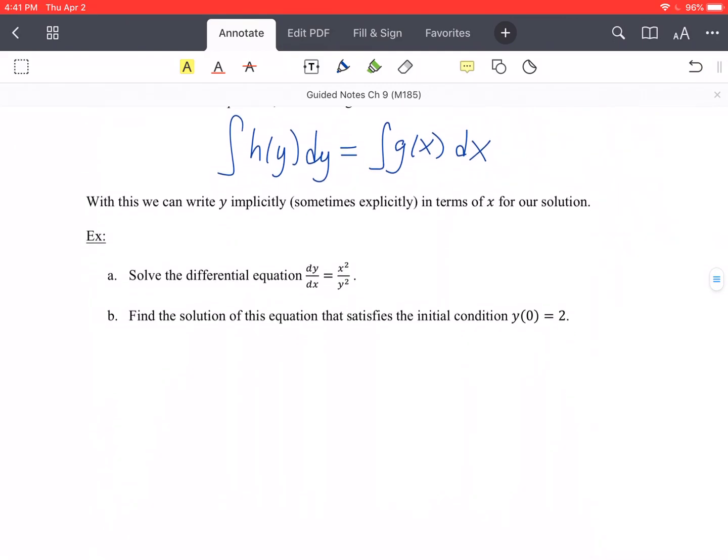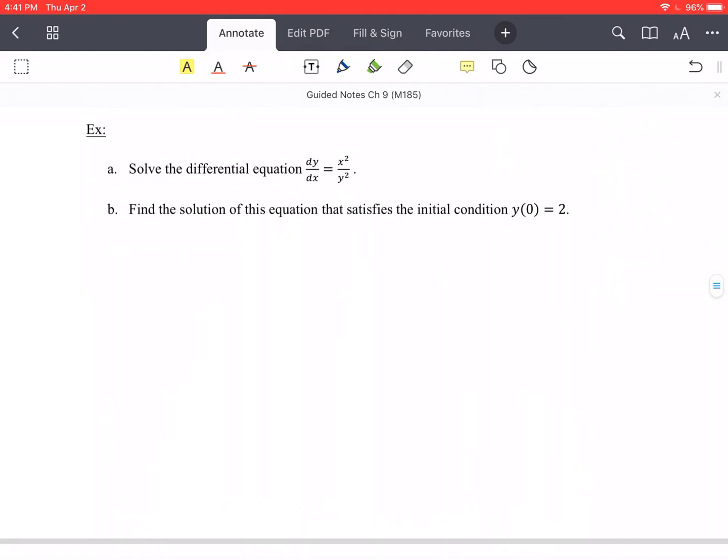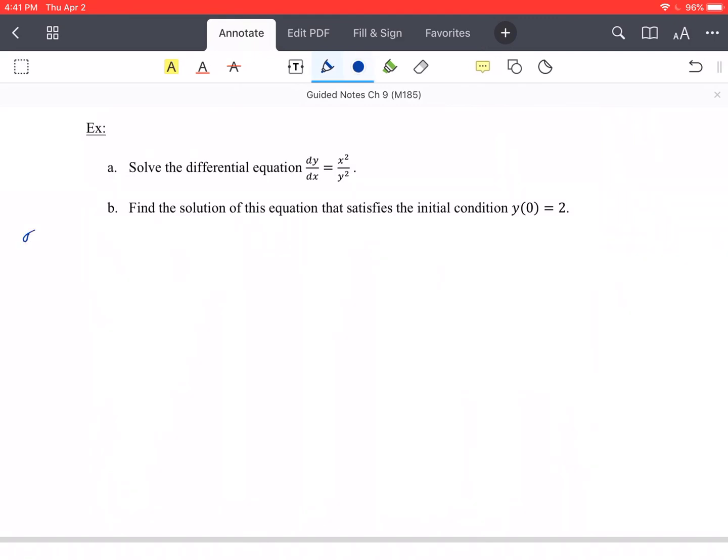So let's go ahead and look at an example. Solve this differential equation, and then we'll solve the initial value problem as well. So part A. To solve this differential equation, I'm going to cross multiply. That gives us y squared dy equals x squared dx.